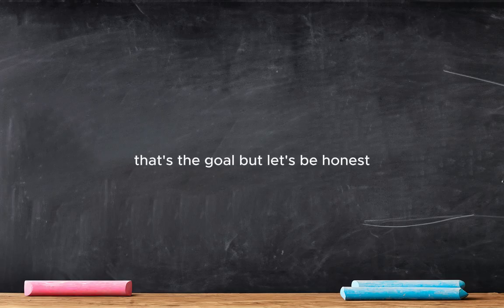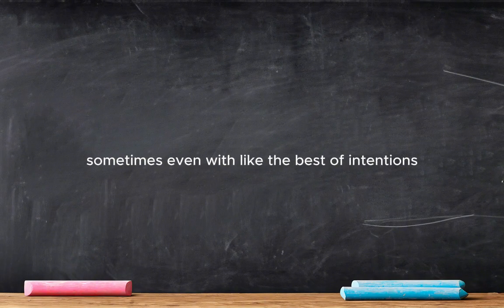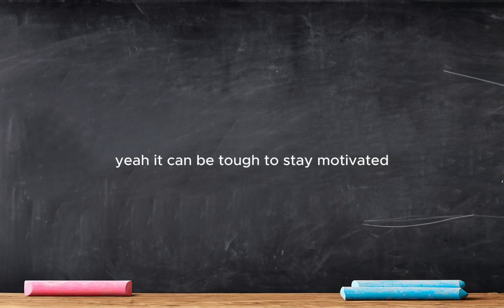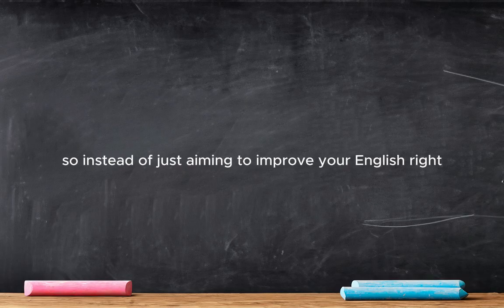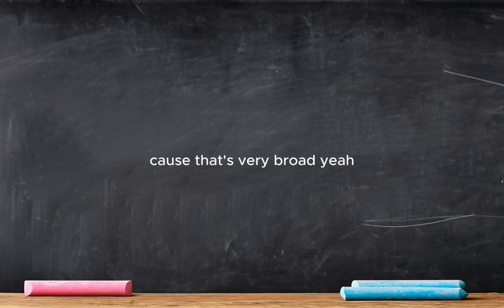That's the goal. But let's be honest, sometimes even with the best of intentions, it can be tough to stay motivated and consistent with language learning. So any tips? Yeah, I think setting specific achievable goals is really important. So instead of just aiming to improve your English, which is very broad and vague, set a concrete target.